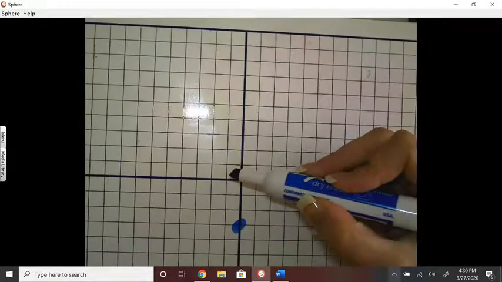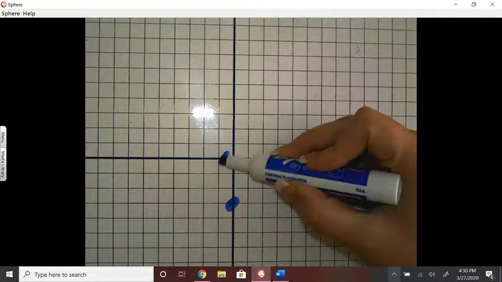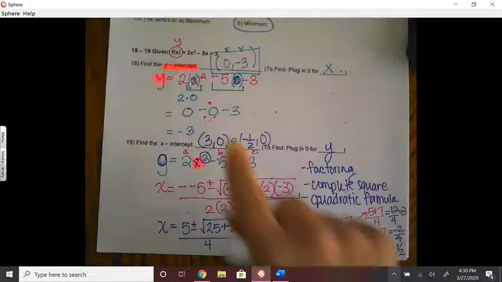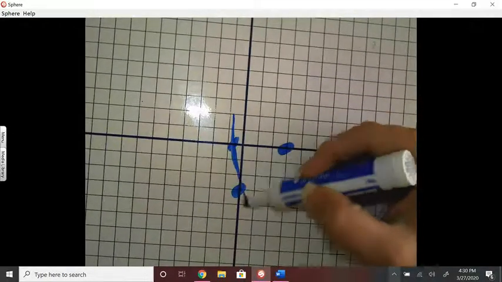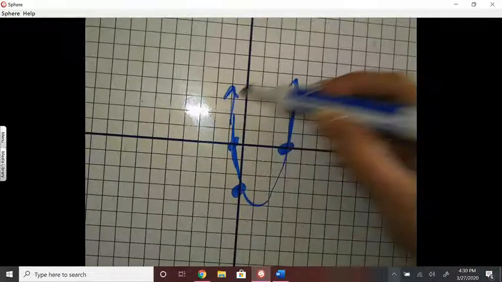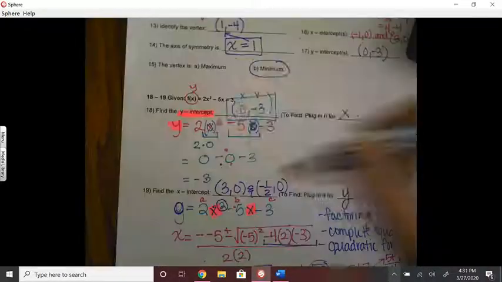And then we know it crosses at negative 1/2, 0. Okay, we know the graph goes up because it's positive. So I don't know, maybe it looks something like this. But that's what we just found, those 3 points, using algebra.